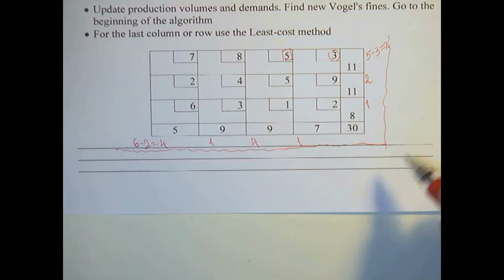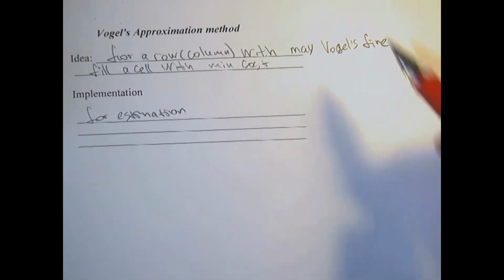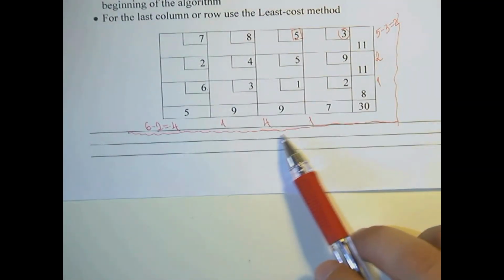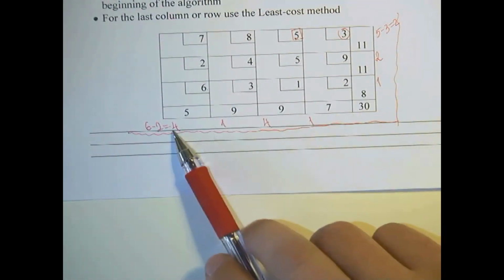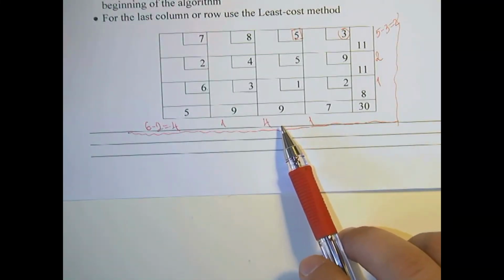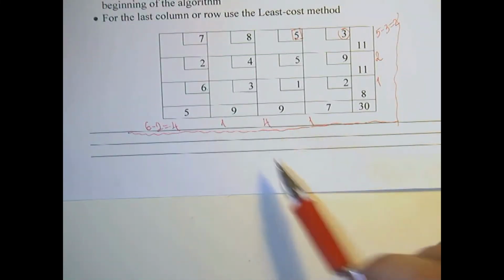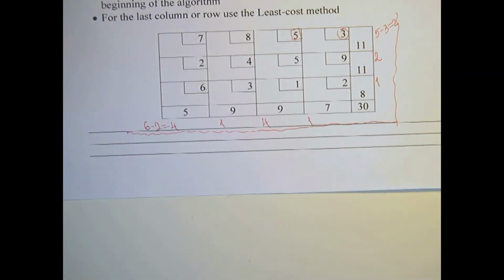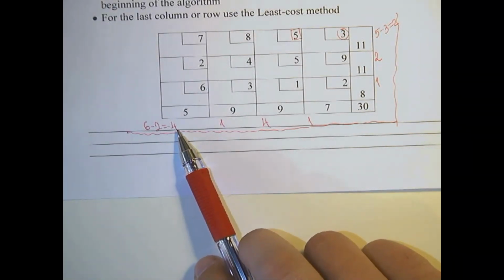And now we should find the maximum Vogel's fine. According to our idea, the maximum is, as we can see here, 4. There are two 4s in this case, and it doesn't matter which one to choose. I propose to take the first one, for instance.